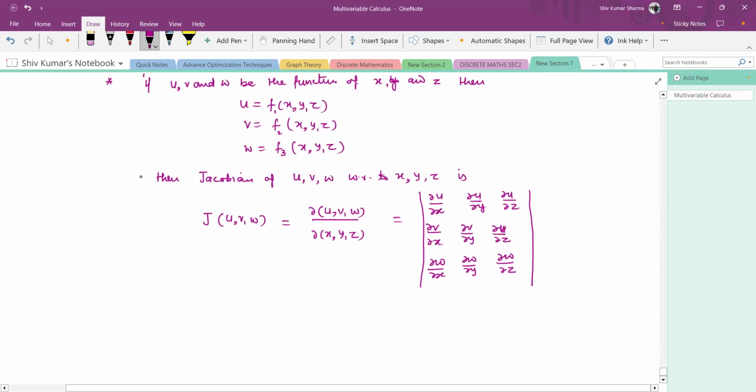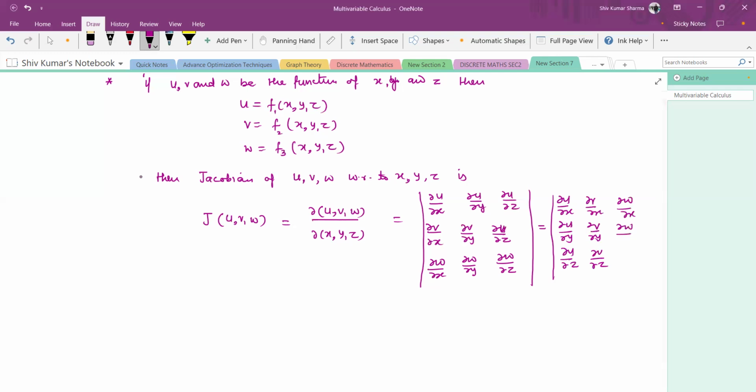Similarly, you can write it by interchanging the rows and columns.